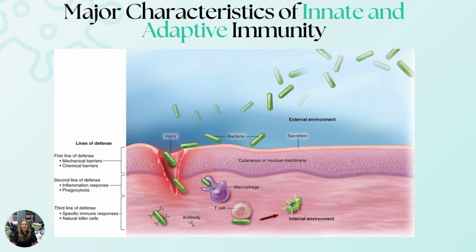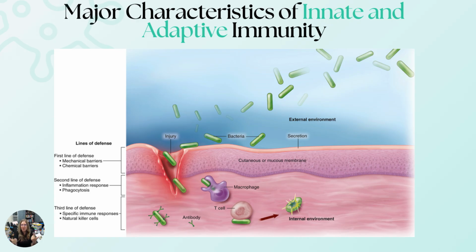So now look at this picture, and let's tell the story from the outside in, right? We have bacteria outside of our body. What stops them first? The intact barrier. Then we have injury, a cut, for example, and that barrier's been breached. Now we're inside the tissue, and our second line of defense becomes important.